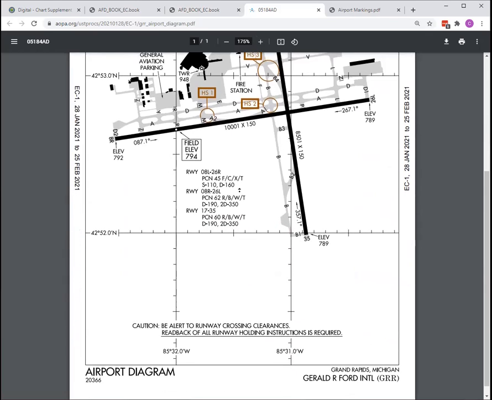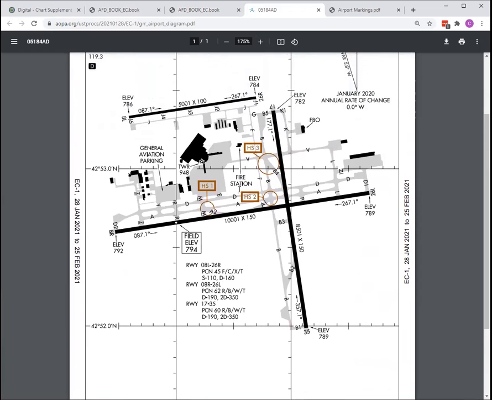But it will tell you things like runway distances. It'll tell you the headings of the runways, basic stuff like that. It'll tell you the elevation on each end of the runway. It gives you taxiway names. It gives you hot spots, all kinds of stuff.